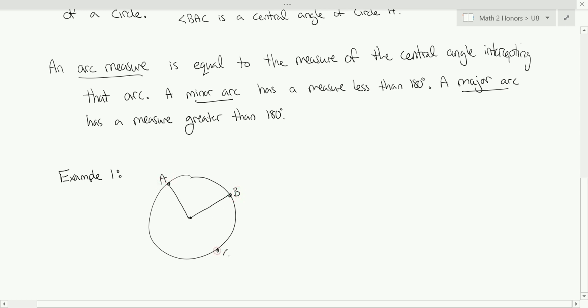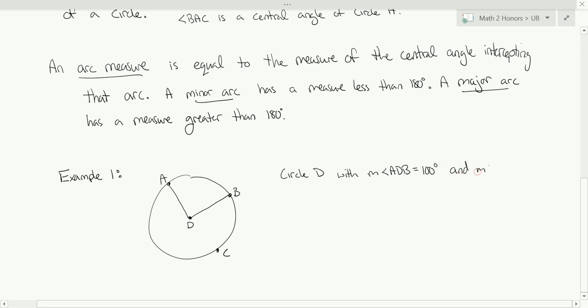Let's put a point C here. And let's say that center of the circle is going to be point D. So I'm going to give the name of the circle. It's called circle D because we name it by the center. And I'm going to tell you that the measure of angle ADB is 100 degrees.